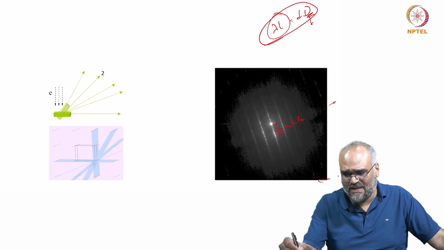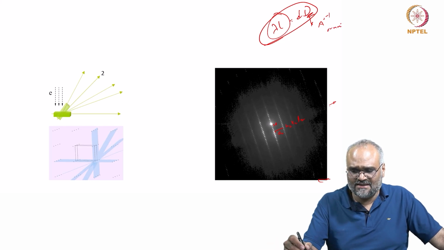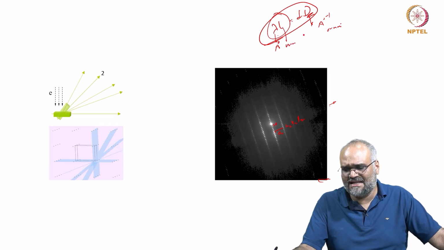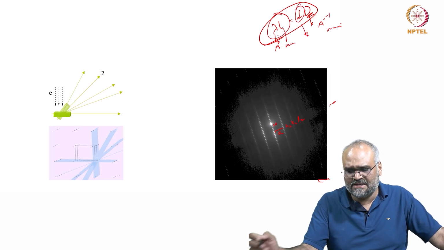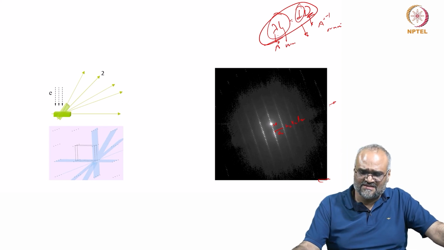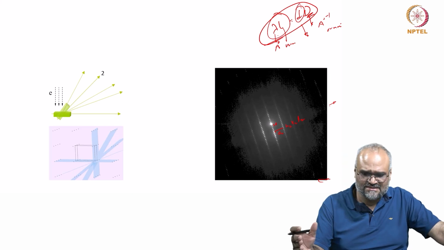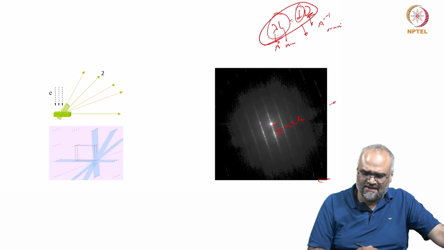So, I have this value also in some angstrom inverse or nanometer inverse, and this is in some angstrom, this is in some millimeter. So, I have all the length values, and in principle, I should be getting my real space D spacings as well.